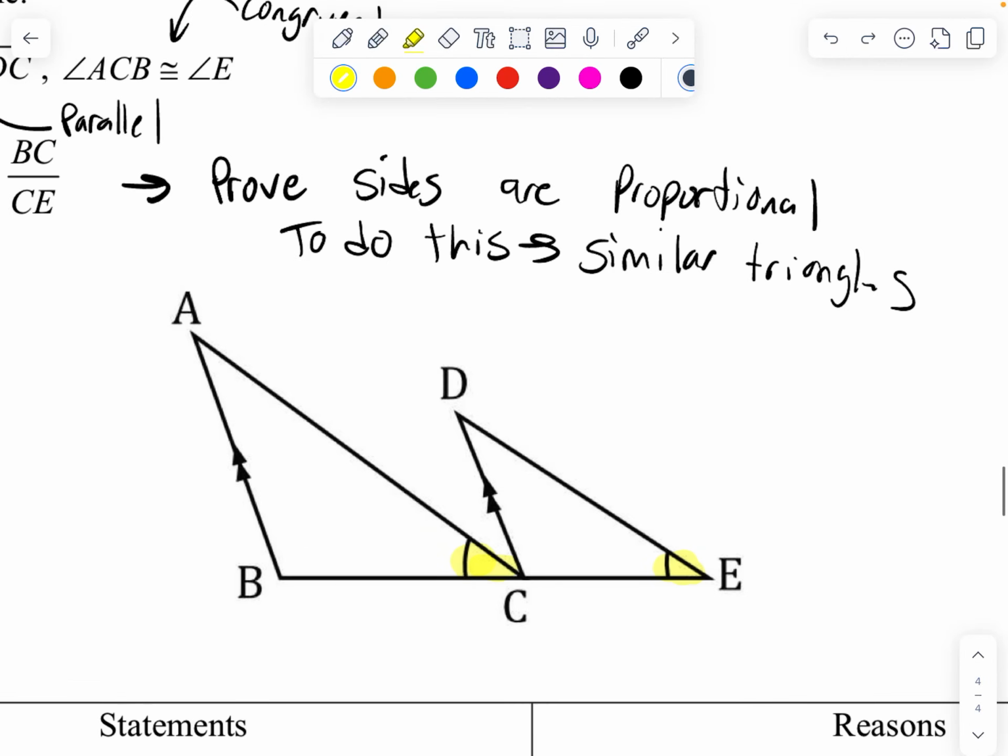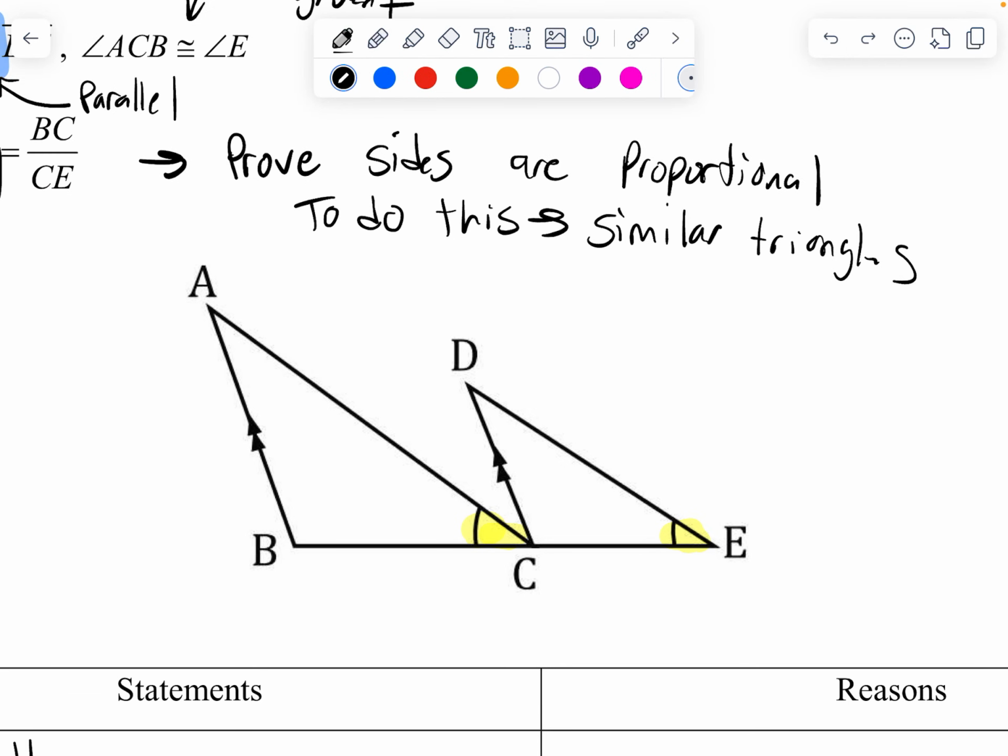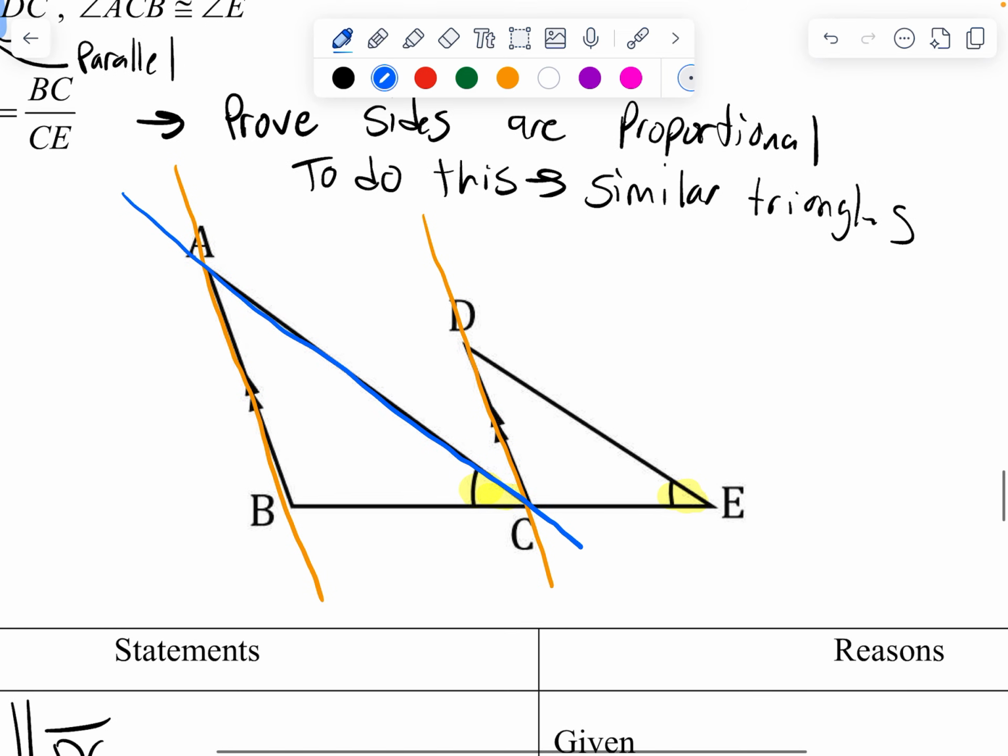To make this a little easier to see, I'm going to extend these in a different color. You can see this a little bit better. So the orange are our parallel lines, and the blue is our transversal. My goal is to be able to say something about these angles, right?